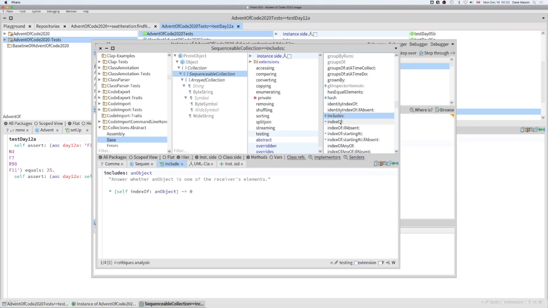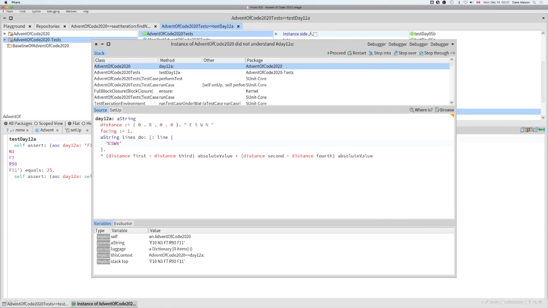There we go, there's index up there. That one sounds even better. It's just the index of the first occurrence of an element within the receiver. If the receiver does not contain an element, answer 0. So that's what we want. So we'll just look in there and we'll find. Okay.